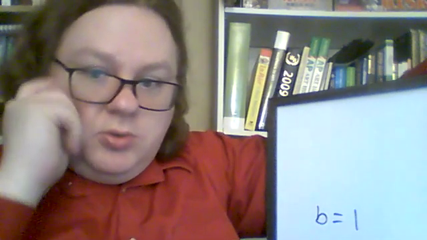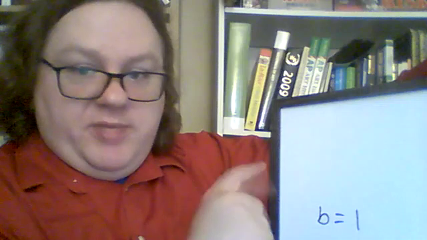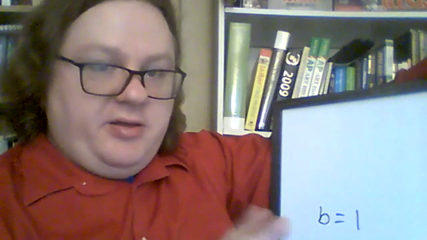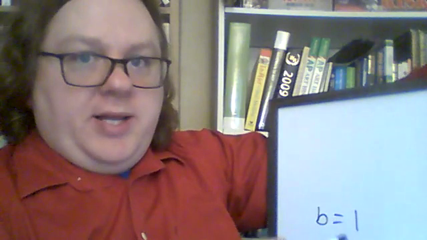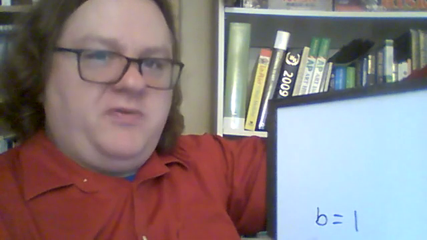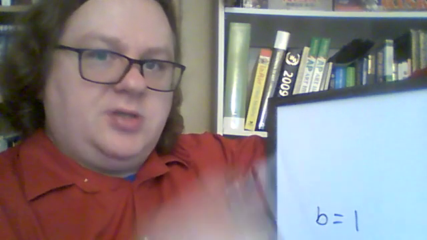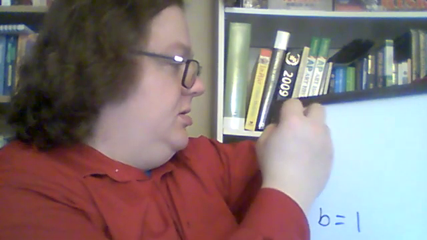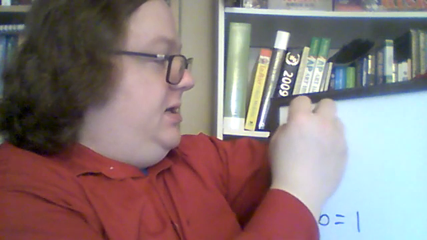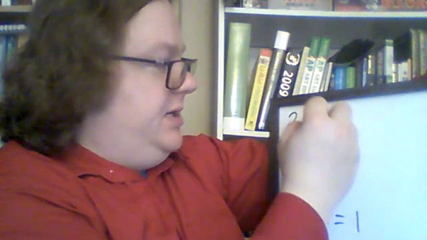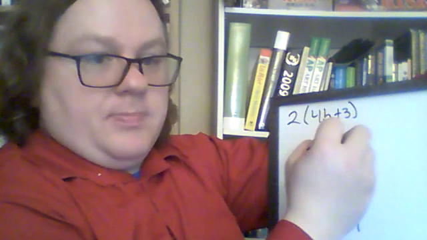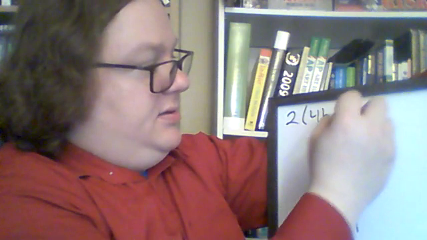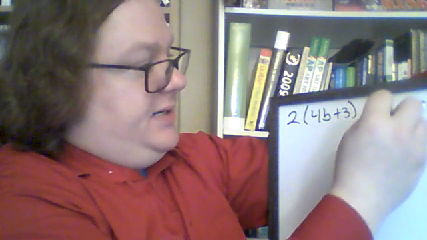Now I'm going to check my work for b equals 1, which I haven't done in any of the other ones, but I feel like we've moved fairly quickly, and this is just a nice proof of concept to show you that solving it does really work. It does find the correct answer. So I've got 2 times 4b plus 3, plus 5b equals 19.